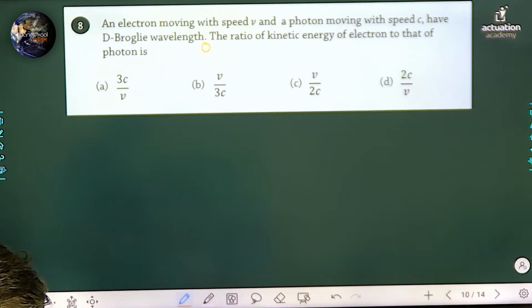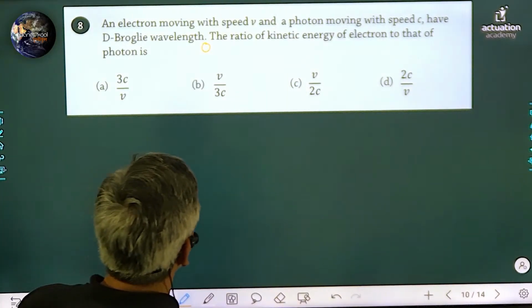An electron moving with speed v and a photon having the same de Broglie wavelength.